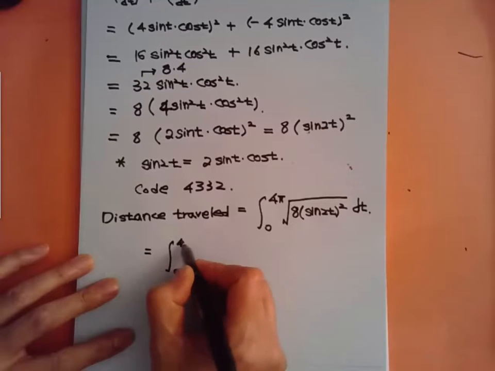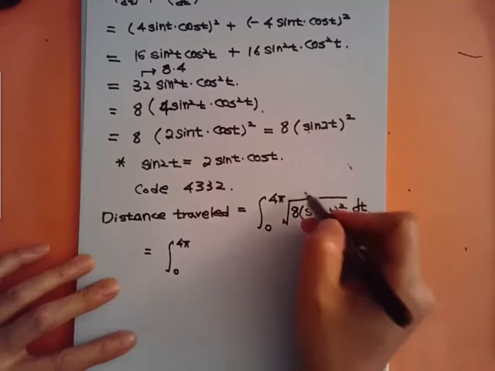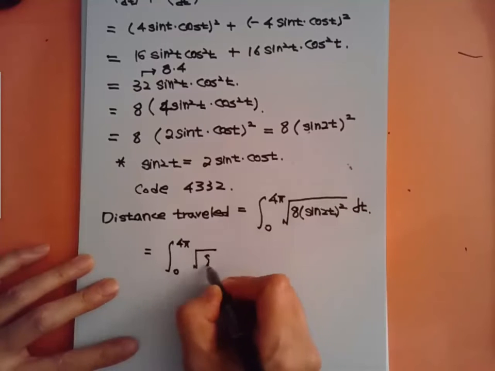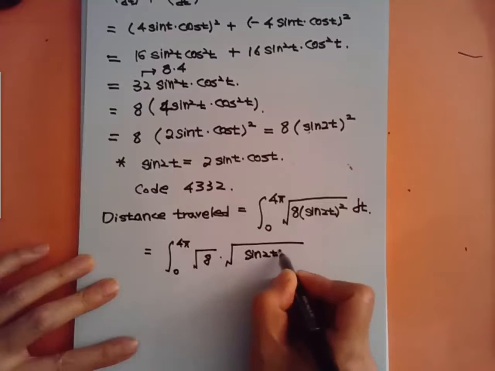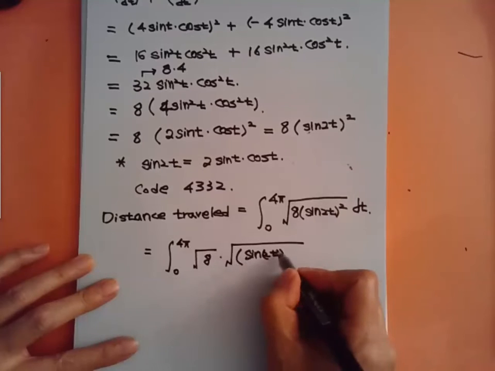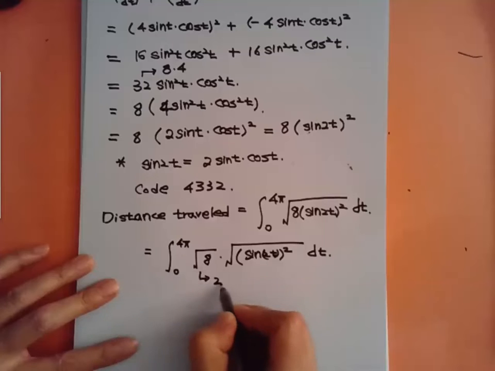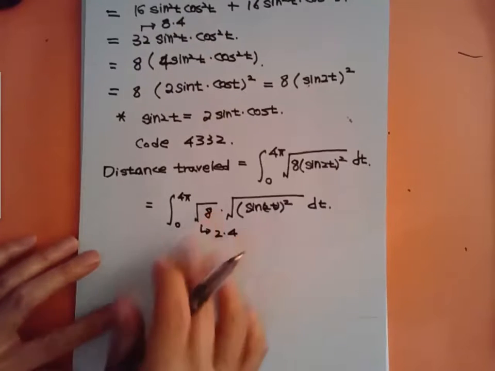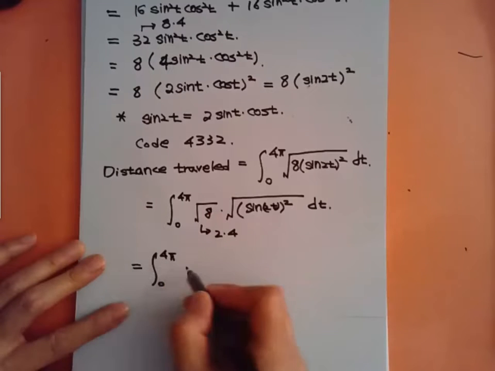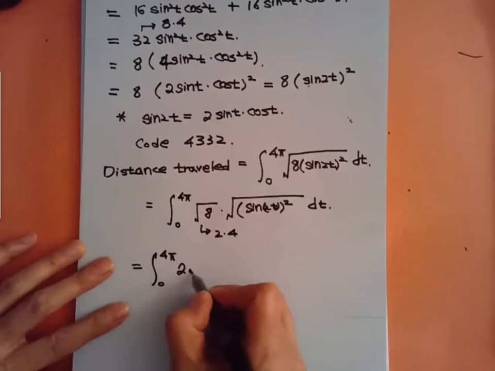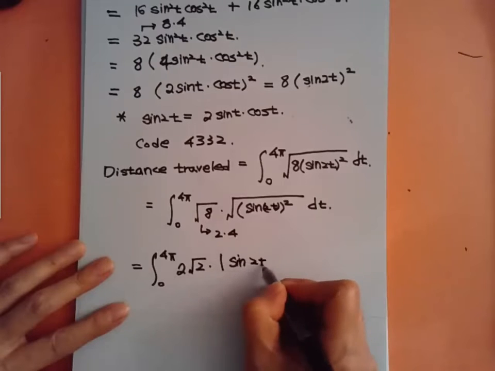Of course, we can write this as the square root of 8 times the square root of sine of 2t squared. So 8 is 2 times 4, and that is the integral from 0 to 4 pi of 2 square root of 2 times the absolute value of sine of 2t dt.